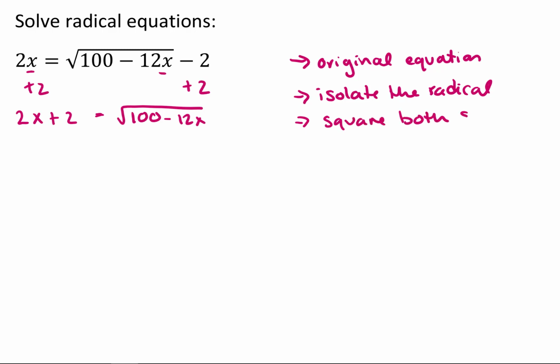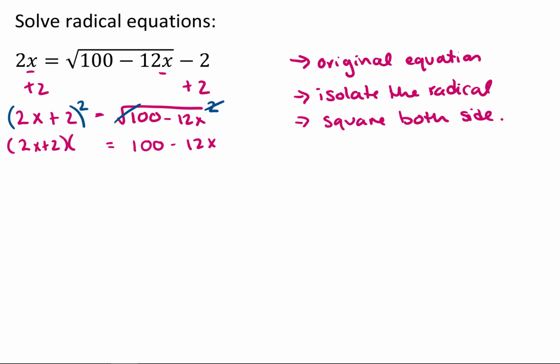Remember, whatever we do to one side, we have to do the same thing to the other side. So we're trying to get rid of the radical on the right, so therefore we have to square the left. The square root and the square cancel. So on the right-hand side, we're left with 100 minus 12x. And on the left-hand side, we have 2 binomials.